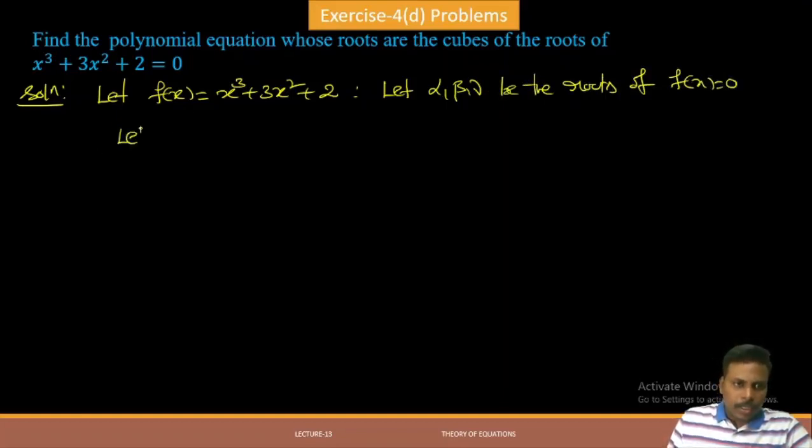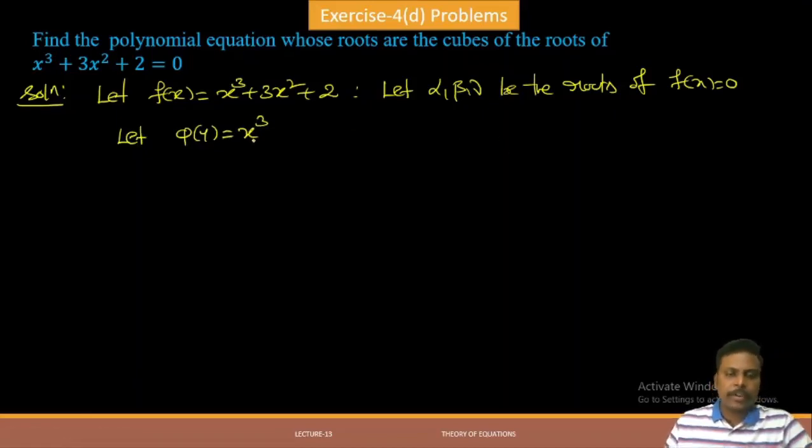Then let pi of y is equal to x cube. As for squares we have seen a result, but for cubes there is no result. We will use a general result now. Pi of y is equal to x cube. Then this implies, let y is equal to x cube, then this becomes x is equal to y to the power 1 by 3.